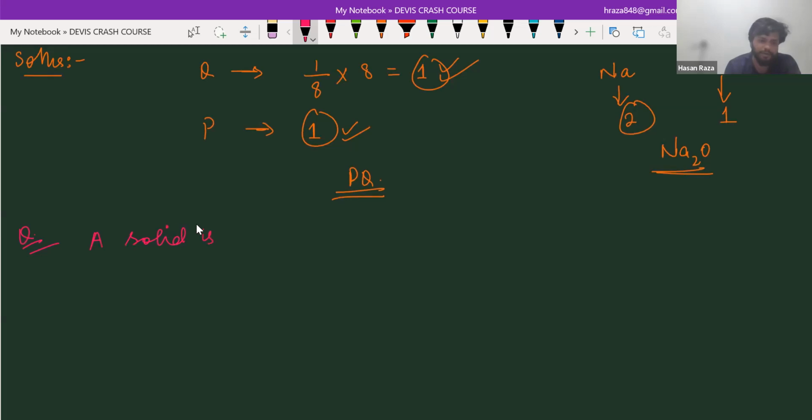A solid is formed by crystallization of X and Y elements.